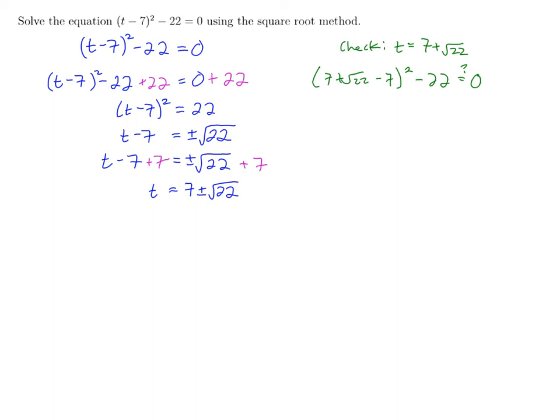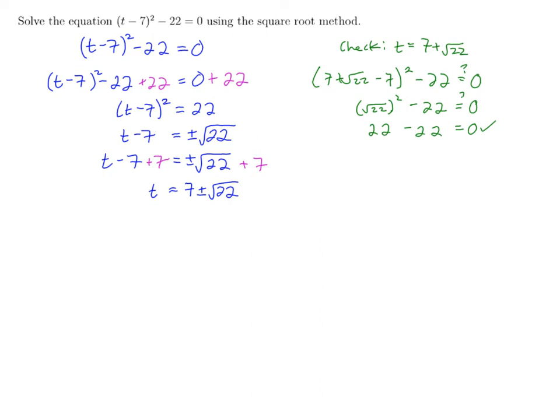So now simplifying what's inside that squared expression, we have 7 plus the square root of 22 minus 7, which is simply the square root of 22 left inside those parentheses. So now we have the square root of 22 squared minus 22. We're checking, does that equal 0? And when we square the square root of 22, we just get 22. So now this simplifies to 22 minus 22, and we know that that's equal to 0. So that first proposed solution is checked.